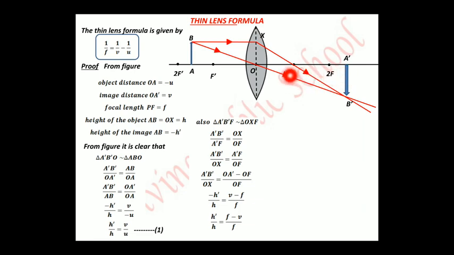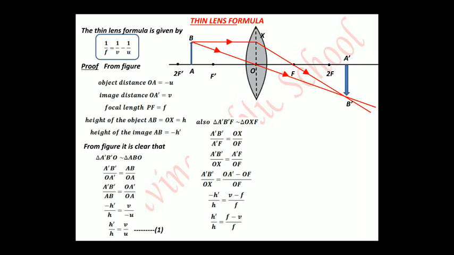This A'F can be written as, just see, OA' from here till here minus OF, minus this side. So if from here till here you minus this very length, what we are going to have? From F to A' only. So in place of A'F we can write OA' minus OF.